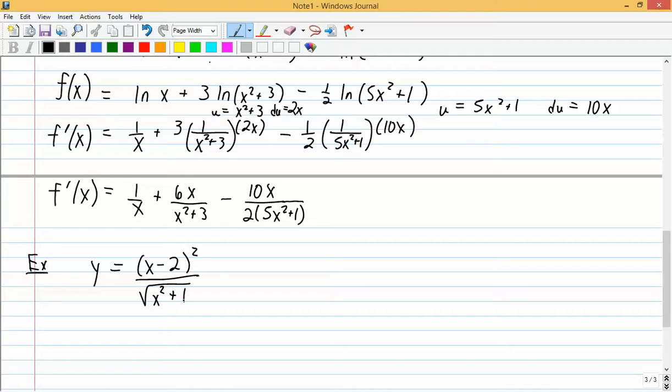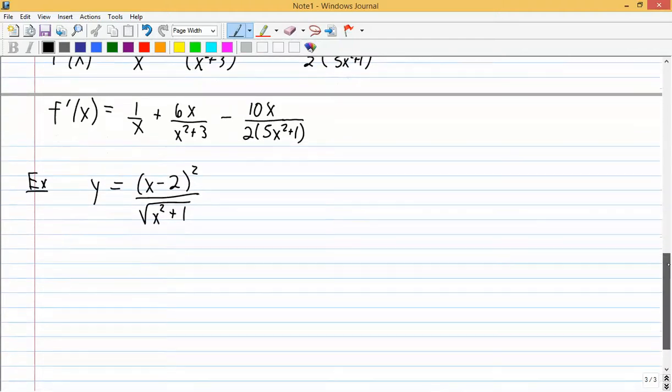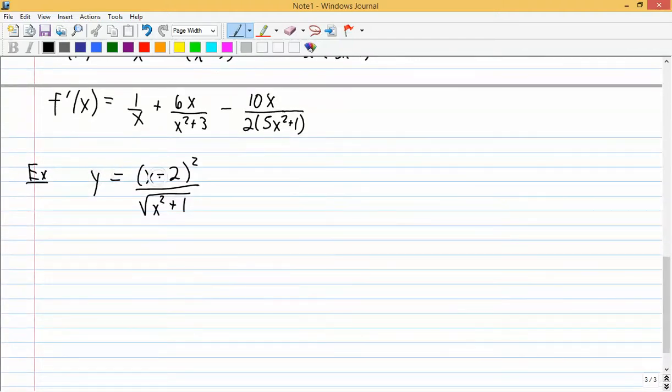Well, using logarithms, what we can do, and this is a little different, so make sure you're paying attention, is think about this as an equation and take the natural log of both sides of the equation. Okay, and so what would the left side of the equation become then?